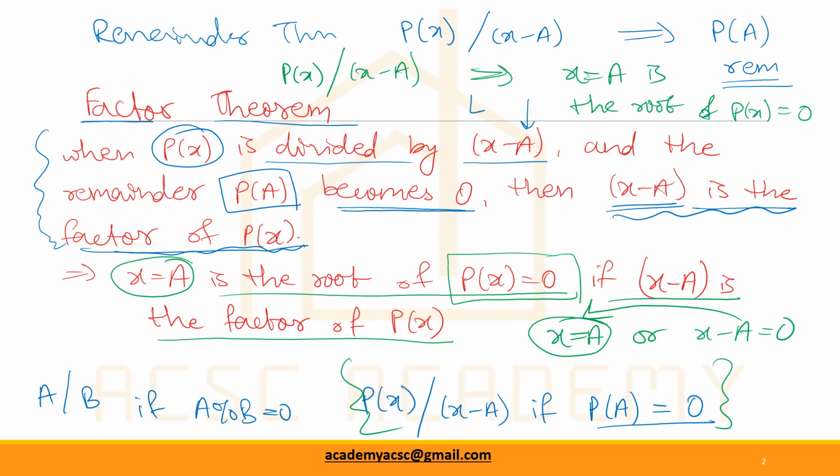We calculate the remainder, that is p of a, and if that is 0, then we say it is perfectly divisible, otherwise no. So if you find out that it holds true, then you will have x equals a as a root of that polynomial. So this is all about the factor theorem.